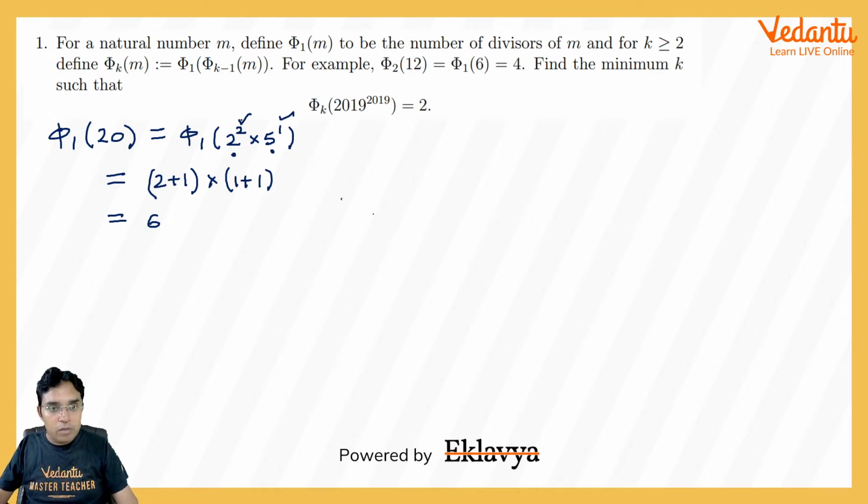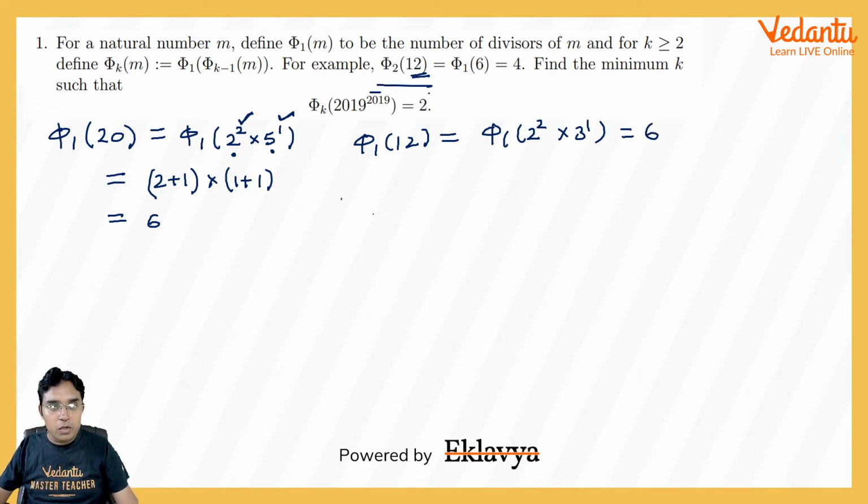The only role was that of the powers on these prime numbers. So the value of phi 1 will depend upon how many prime factors there are in the base and what their powers are. For example, phi 1 of 12 will also be the same, because 12 is 2 raised to the power 2 into 3 power 1. It is the same pattern, so it will also be 6.